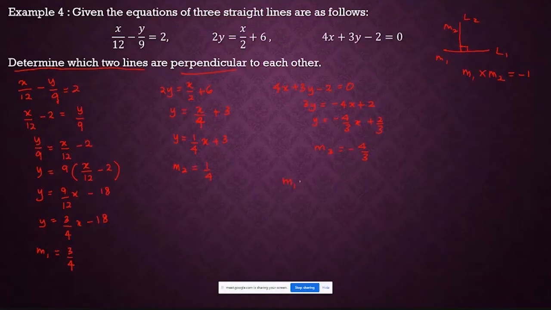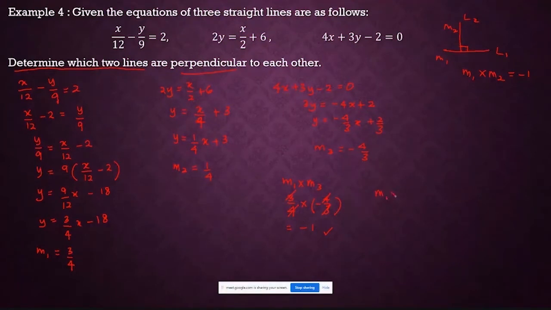So if we find the relation, m1 is perpendicular to m3, so we check m1 times m3. M1 is 3 over 4 times m3 is negative 4 over 3. So when you multiply them across, it equals negative 1. See? So you have negative 1 here.